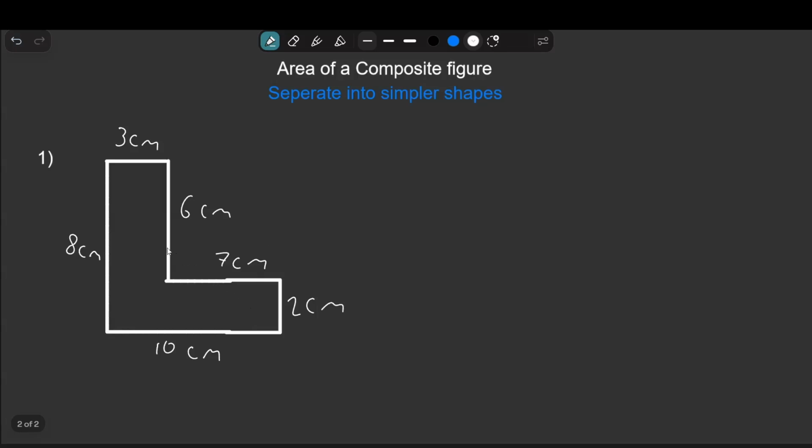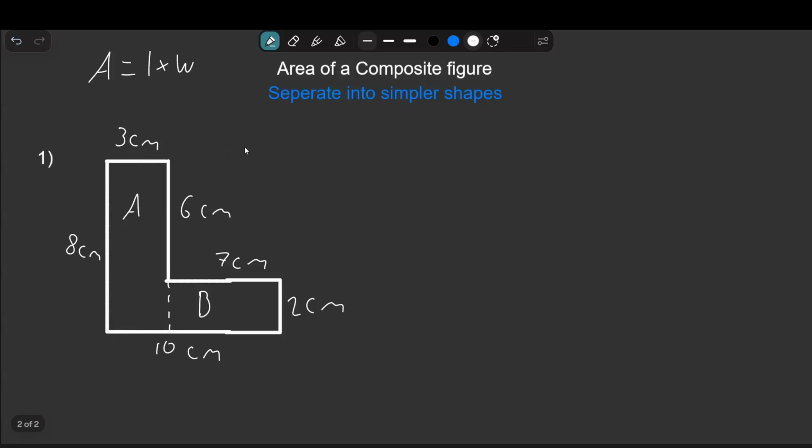As you can see, we have two figures, figure A and figure B. You don't have to name them, but this way I can teach you more simply and you can understand it better. As we know, area equals length times width. The length of area 1 is 8 and the width is 3.